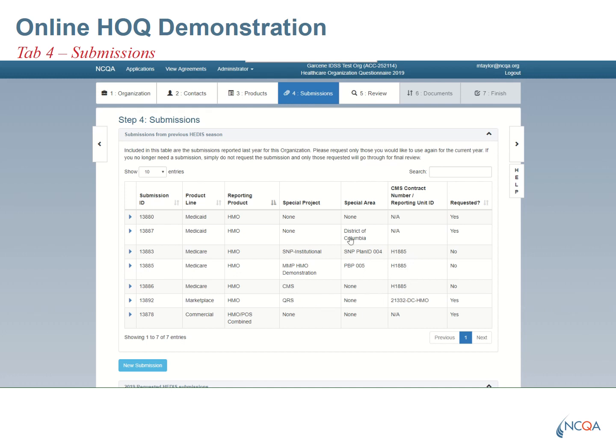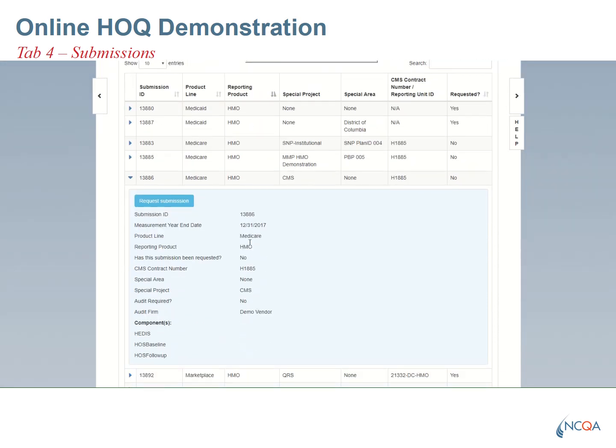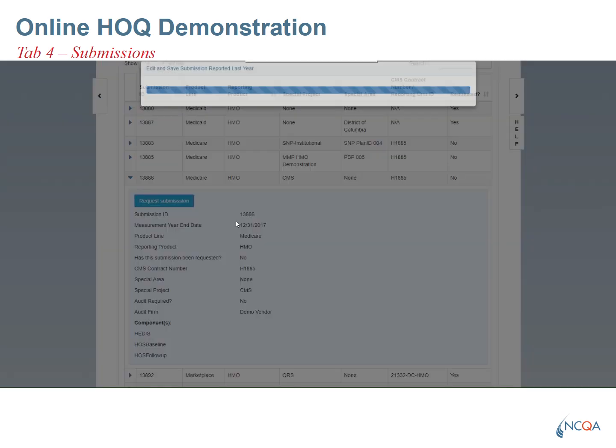As you can see here, last year we had 3 submissions with the same contract number: an S&P, the PBP, and then the regular CMS submission, which includes everyone under that contract H 1885. So basically, we're going to do it the same as we did the year before. Nothing changed, and we're going to request that submission.